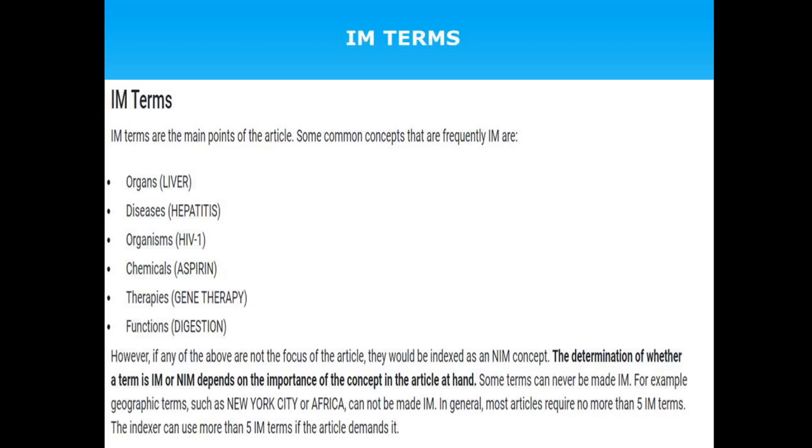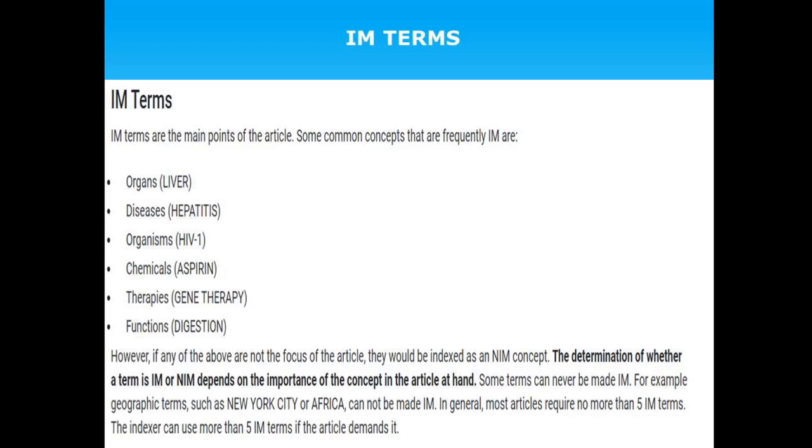Based on that only, we have to select which is a major term and which is a minor term. That is IM and NIM. Okay, fine. So this is general, most frequently used. That doesn't necessarily mean this will be the final. Based on the article in hand, we have to analyze it and identify the IM and NIM terms.